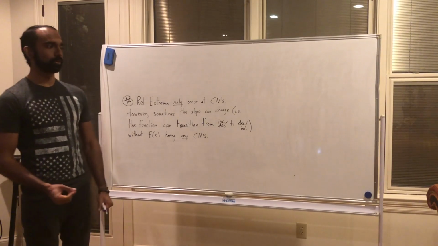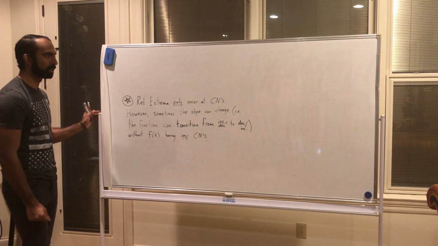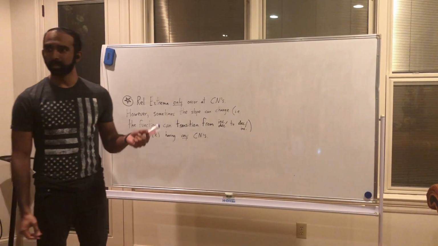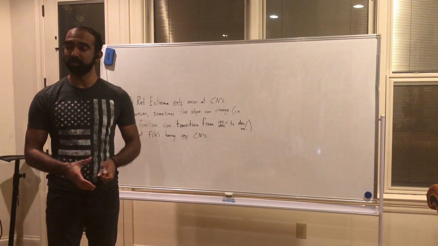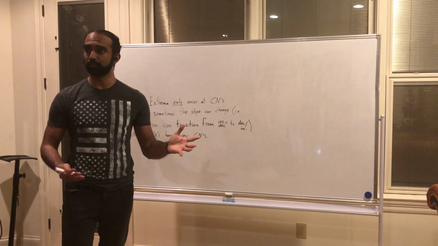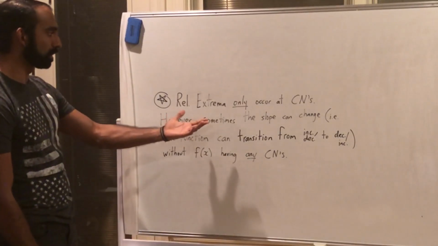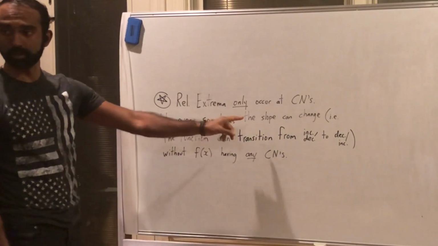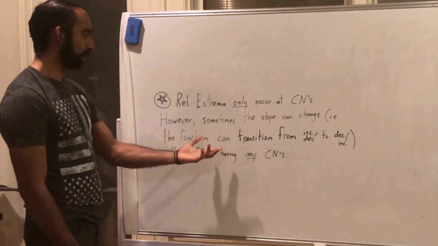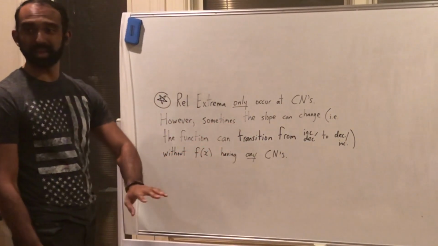Now, y'all, just to further emphasize that you need to test not only the critical numbers, but places where you have a vertical asymptote, when you are doing interval testing for intervals of increase and decrease, it's sometimes the case where you can have a change of slope and your function doesn't have any critical numbers.